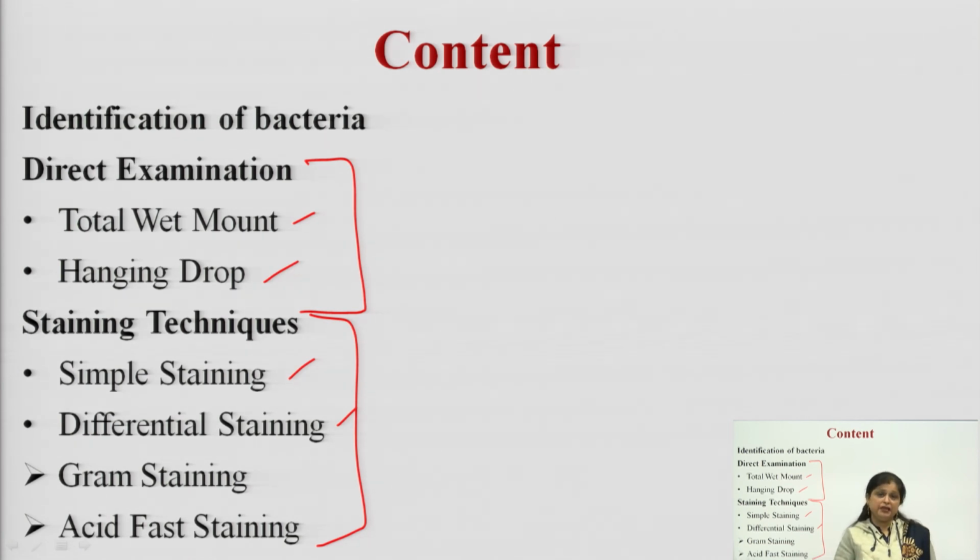Those dyes may be basic or acidic in nature, and when we add them, they will either stain the cells or stain the background, so that cells can be seen using the bright field microscope. Simple staining is further divided into two parts, one is positive and the second is negative.